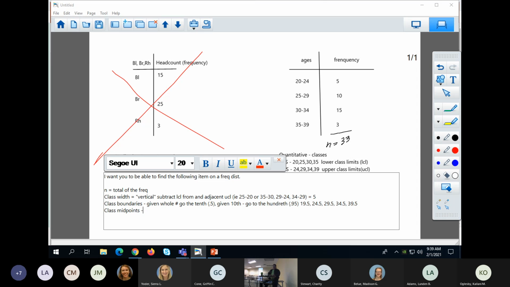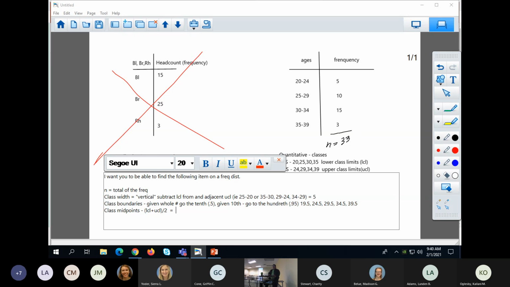Class midpoint, you find your first one, and that is a lower class limit plus upper class limit divided by 2. It's the average of your lower class limit added to your upper class limit divided by 2.